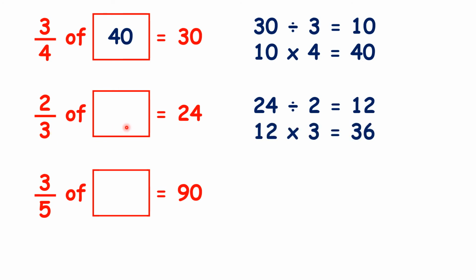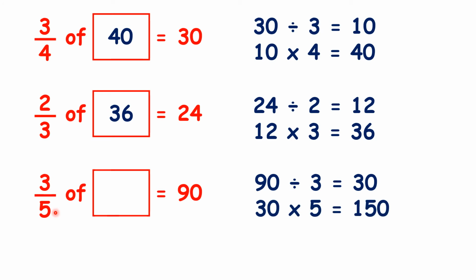So 2/3 of 36 is 24. And if 3/5 is 90, then to find the whole quantity, we can divide by 3, then multiply by 5. So our missing number is 150.